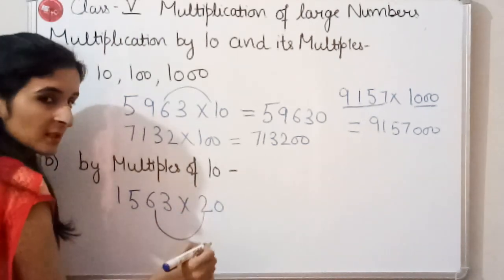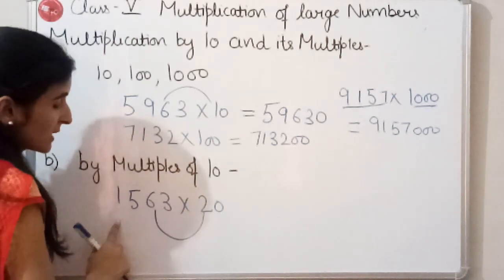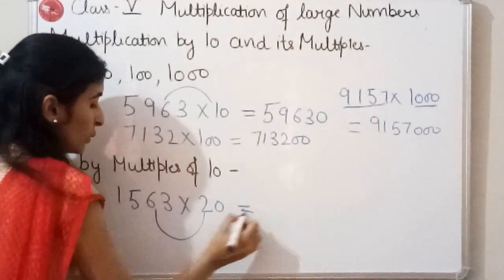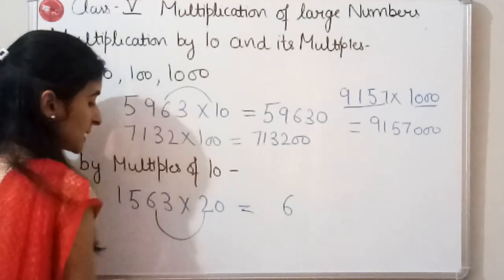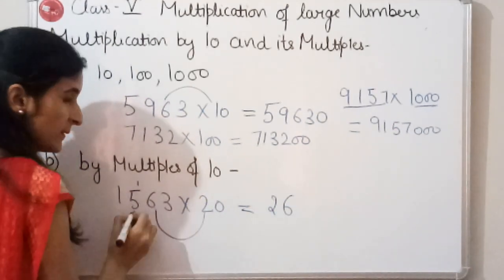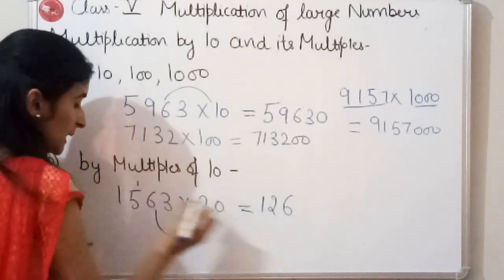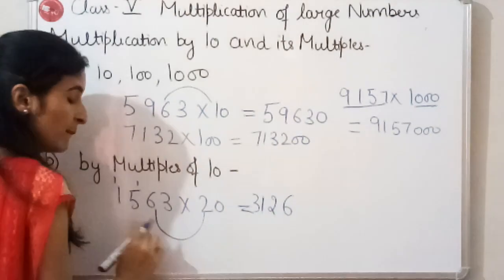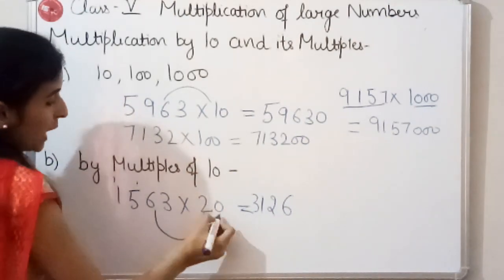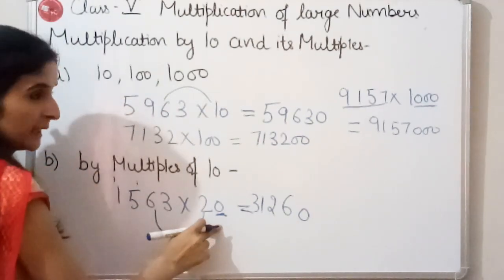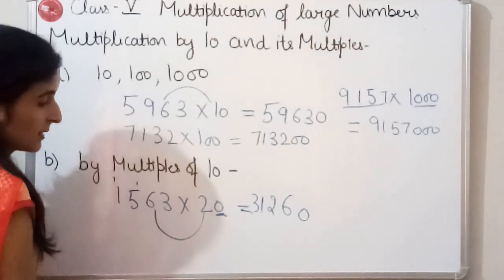This 2 is the non-zero part, so firstly we will multiply 1563 by 2. 2 3s are 6, 2 6s are 12, 2 5s are 10, 10 and 1 is 11, 2 1s are 2, 2 plus 1 is 3. We have multiplied this by 2. Now we have to put the zeros. There was 1 zero in 20, so we put 1 zero.